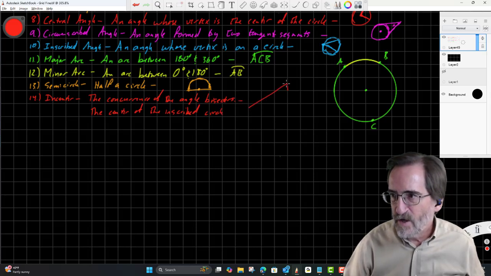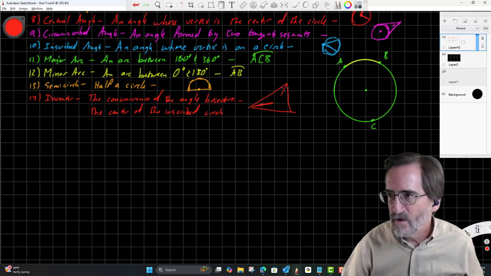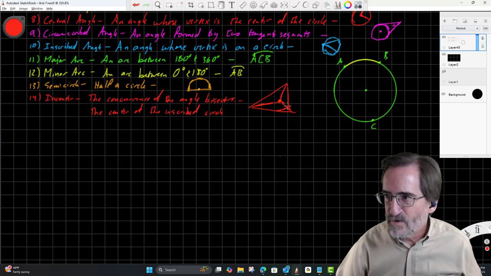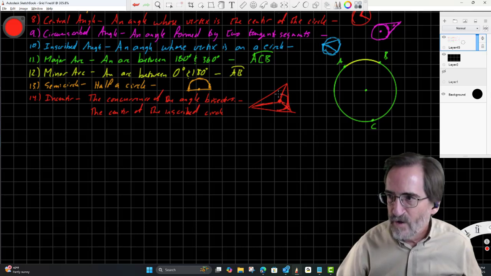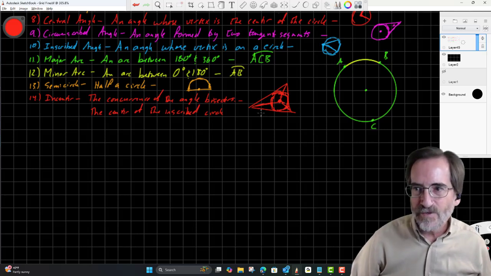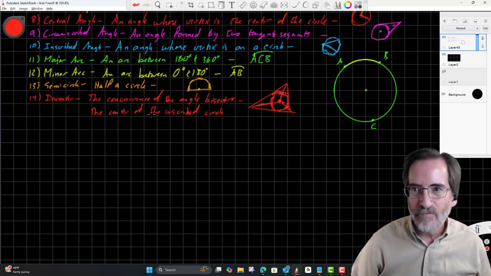So in a triangle, if we draw the angle bisectors, they all meet at a place called the incenter, and that is the center of the inscribed circle. That is a circle that just touches, if I can draw it, just touches all the sides. All the sides of the triangle are tangent to the circle. It's also the largest circle that can be drawn inside the triangle. Incenter.